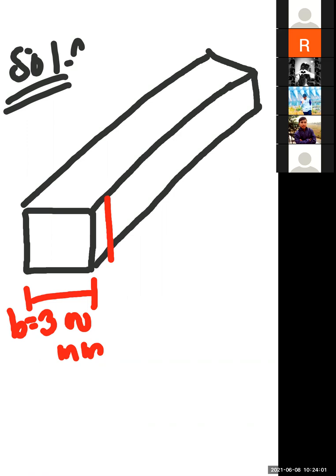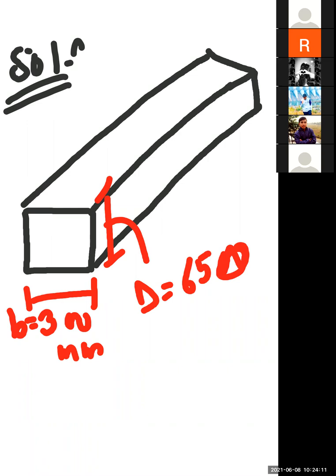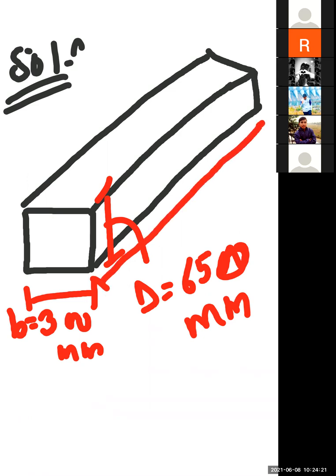This dimension is capital D, equivalent to 650 mm overall depth of the beam, and this length is L, equivalent to 6 meters.